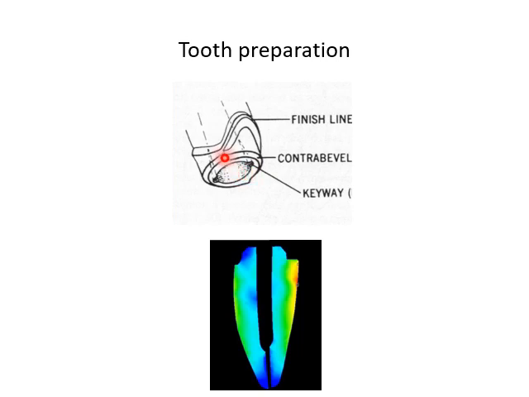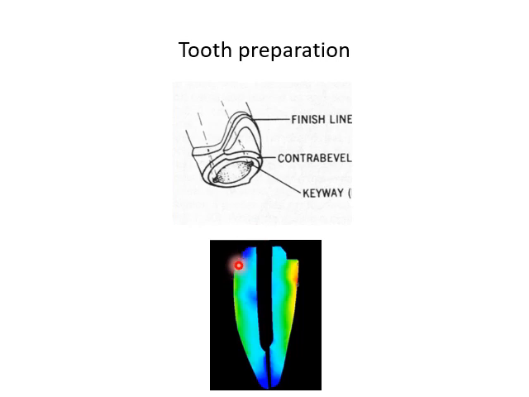At the same time, we have to leave about 2 to 3 millimeter of sound tooth structure supragingivally to get a good ferrule effect. The coronal portion is then completed with the suitable finishing line according to the final crown, whether it is jacket or full metal. So accordingly we will decide the type of the finishing line.